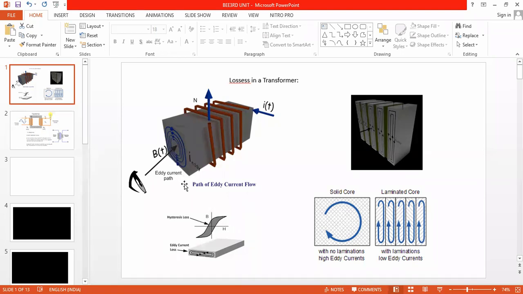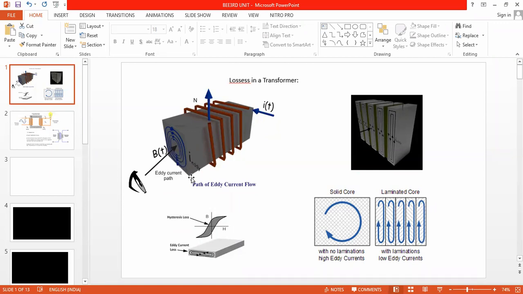The current which flows in the rectangular iron frame surface area in a circular direction is called eddy current. This current creates its own magnetic field, which will reduce the strength of the main magnetic field of the transformer. So this current value has to be decreased.